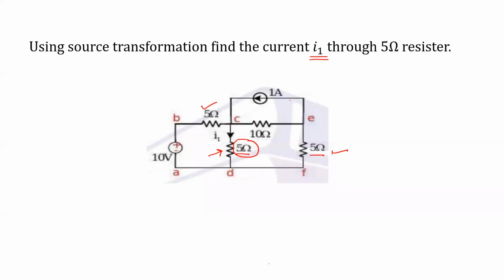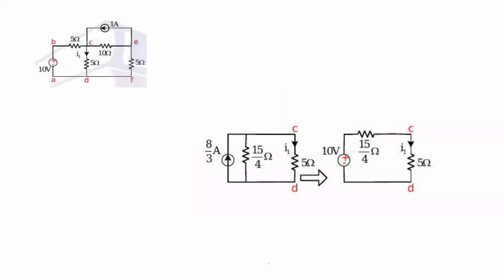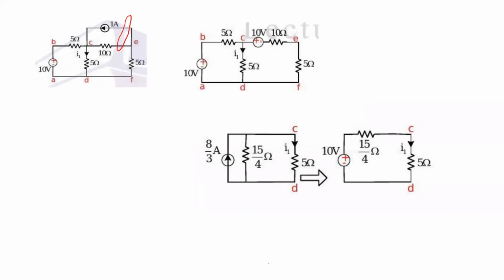Now, the first step is, you can see the 1 ampere current source is in parallel with the 10 ohm resistance. These two can be converted into a voltage source in series with the resistance. All right. That will be the first step here. So what is the voltage here?